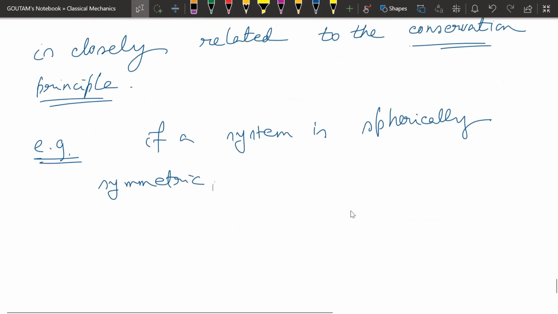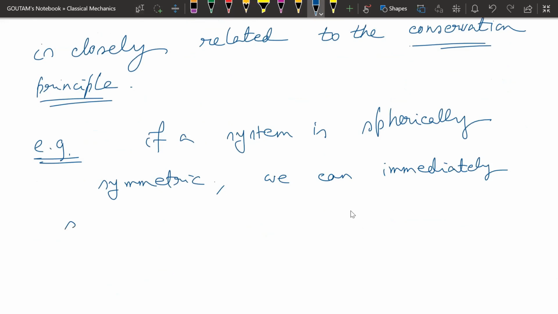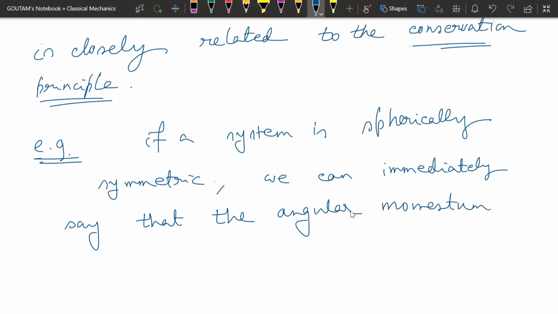In that case, we can immediately say that the angular momentum is conserved. We don't need the explicit solution of the problem. From the spherically symmetric property, we can easily conclude that the angular momentum is conserved for the system. This is how the symmetry property is so important.